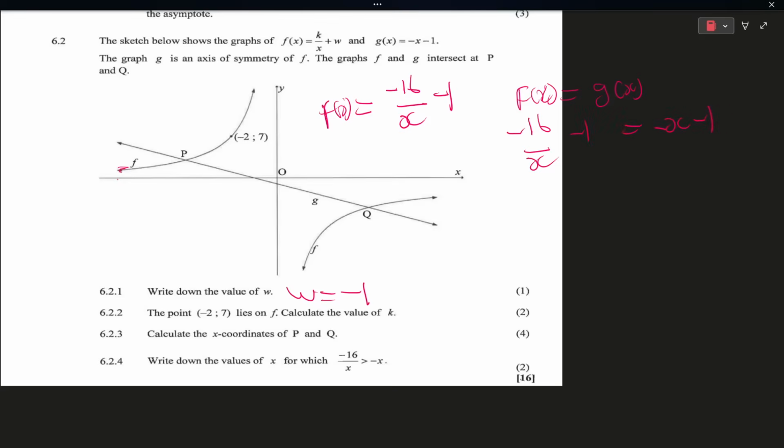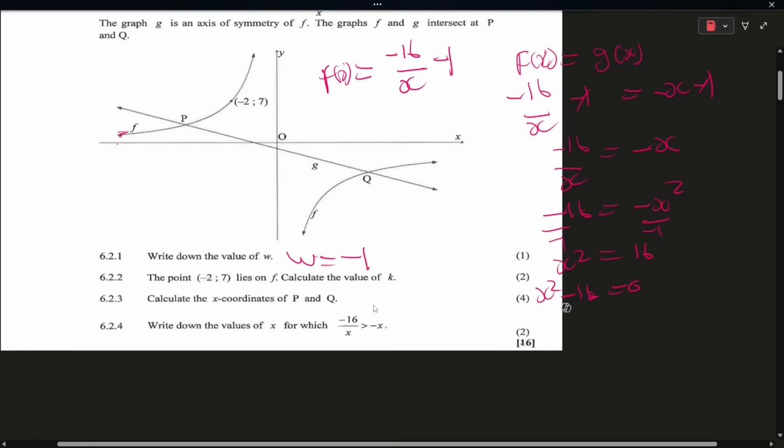Minus 16 over x minus 1. What is g(x)? Minus x minus 1. If I take this one to the other side, it cancels. I will be left with -16 over x equals -x, and I cross multiply. -16 equals -x squared. I divide by negative 1, then x squared equals 16, so x squared minus 16 equals 0. Now it's a difference of two squares.